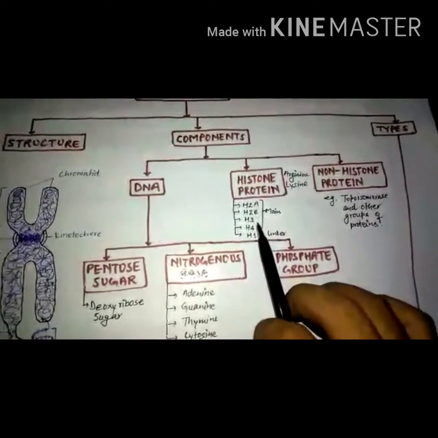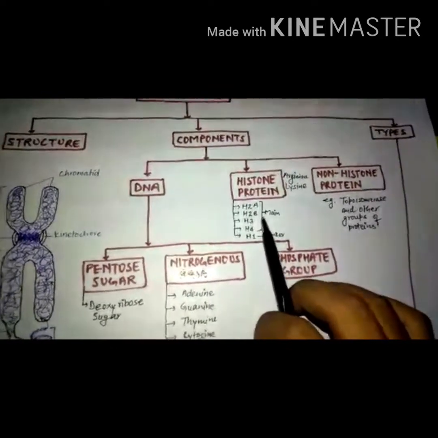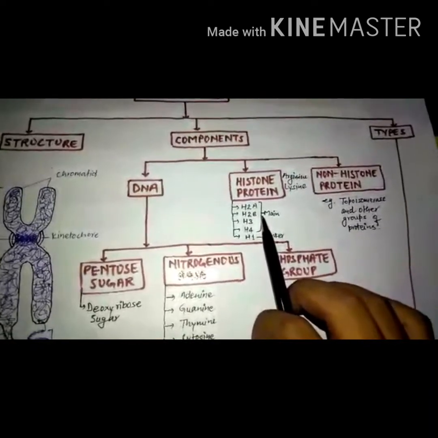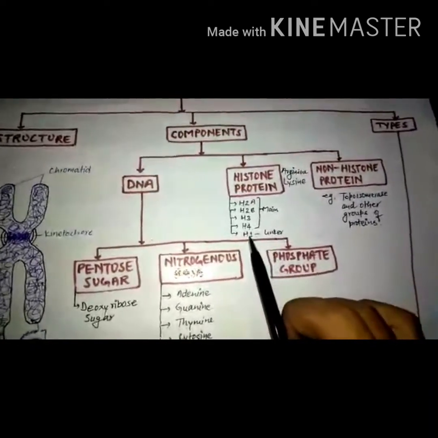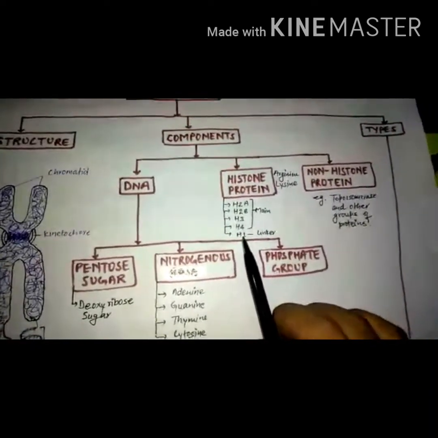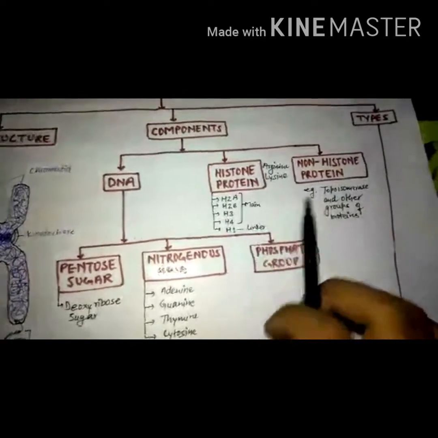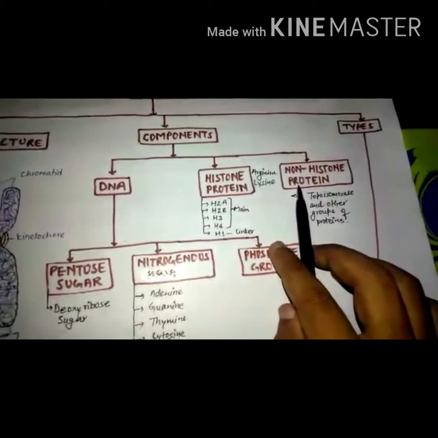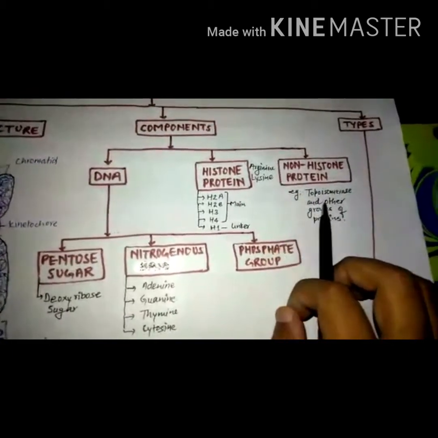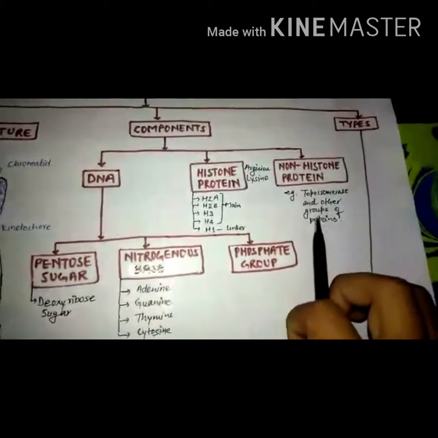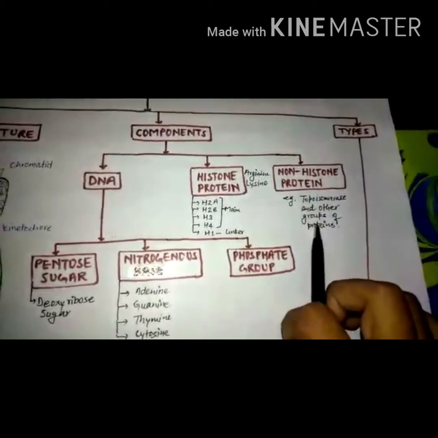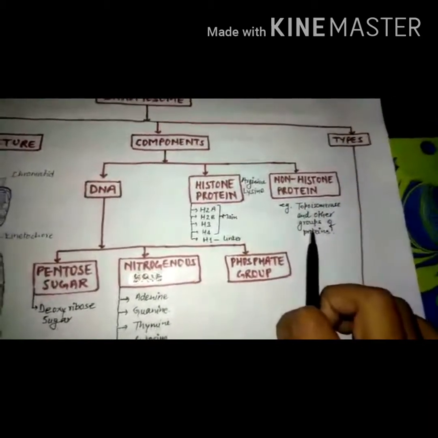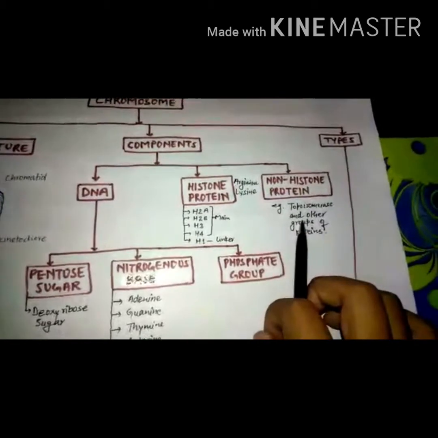These four are known as nucleosome histone proteins, and the last one, H1, is known as the linker histone. Last is the non-histone protein, which includes topoisomerase and other proteins mainly involved in the condensation and decondensation process of chromosome.